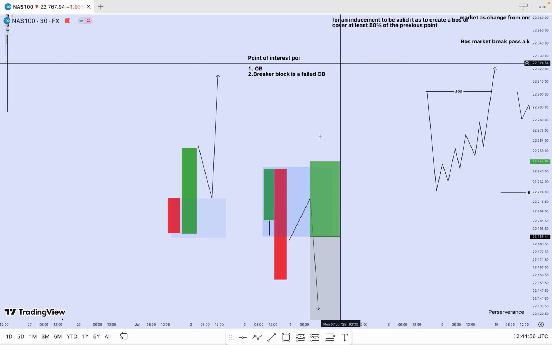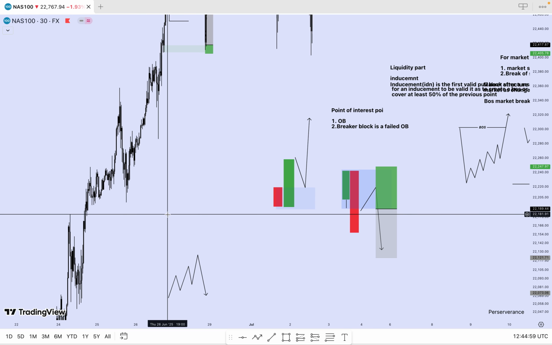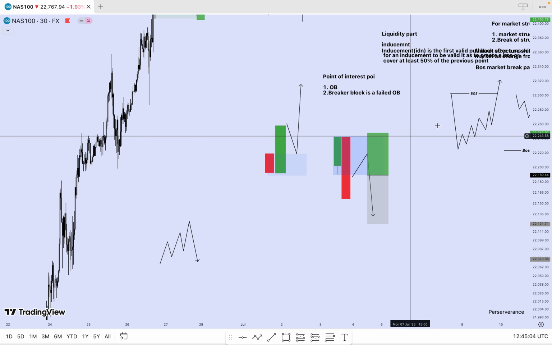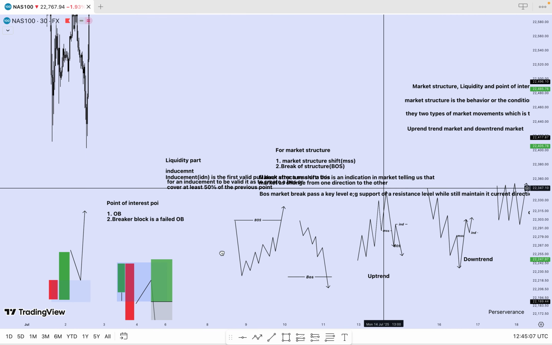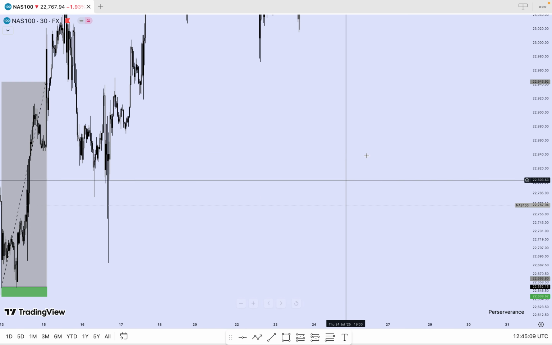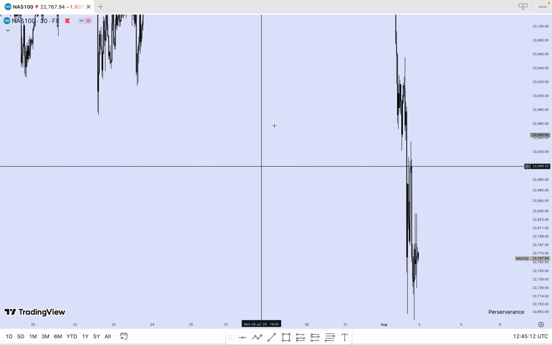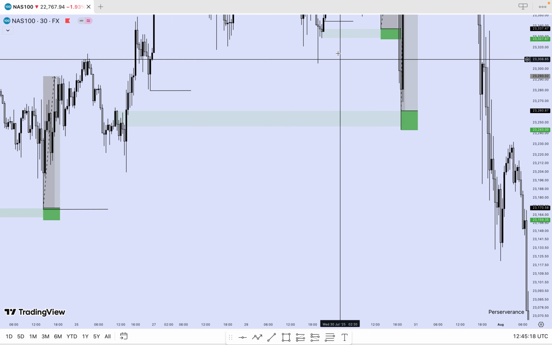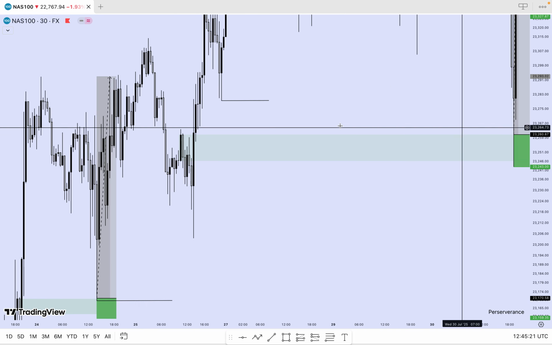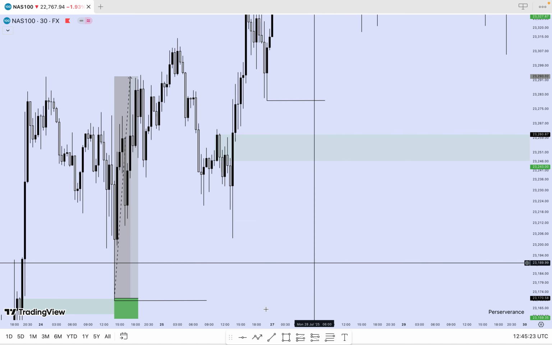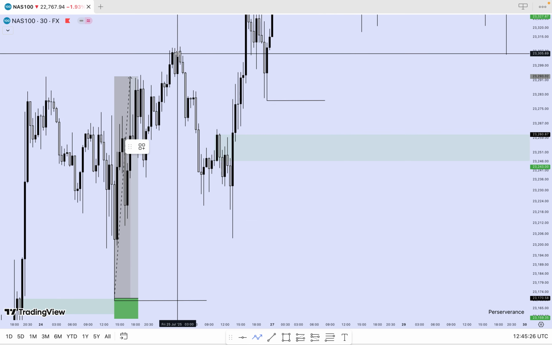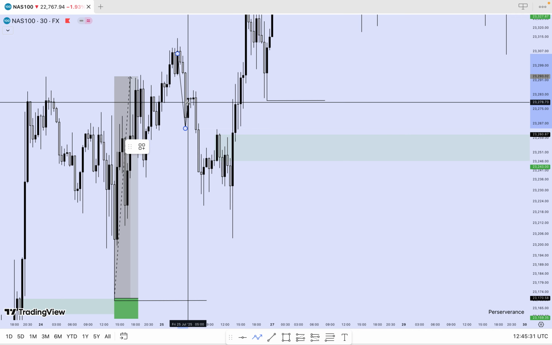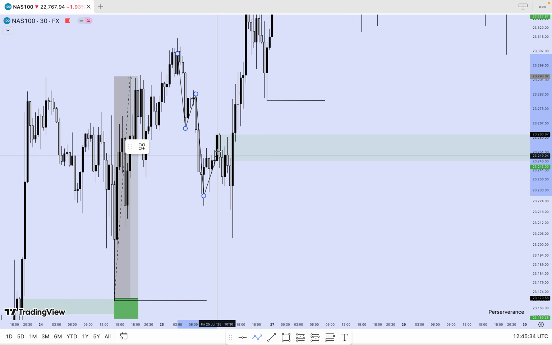Let me look for it in the chart. Okay, this is it. You can clearly see that the price is in a downtrend on this time frame. The price was pulling back down.